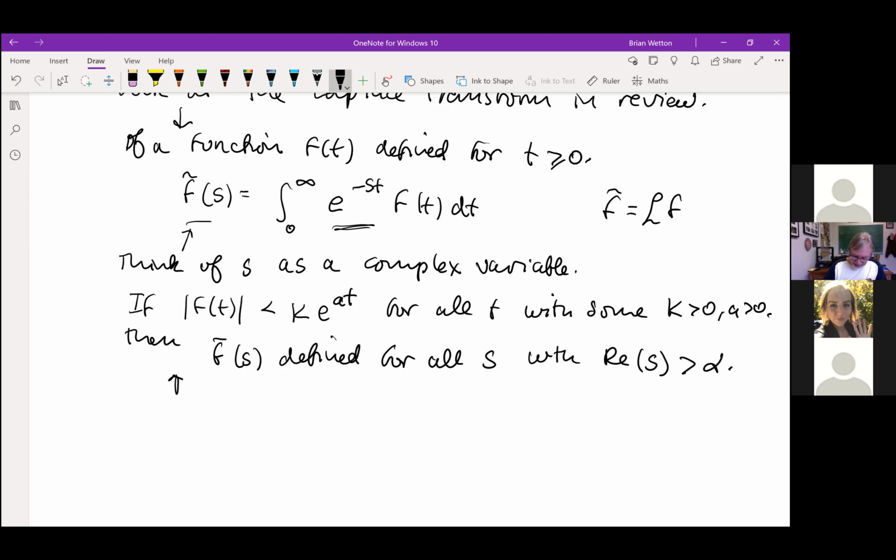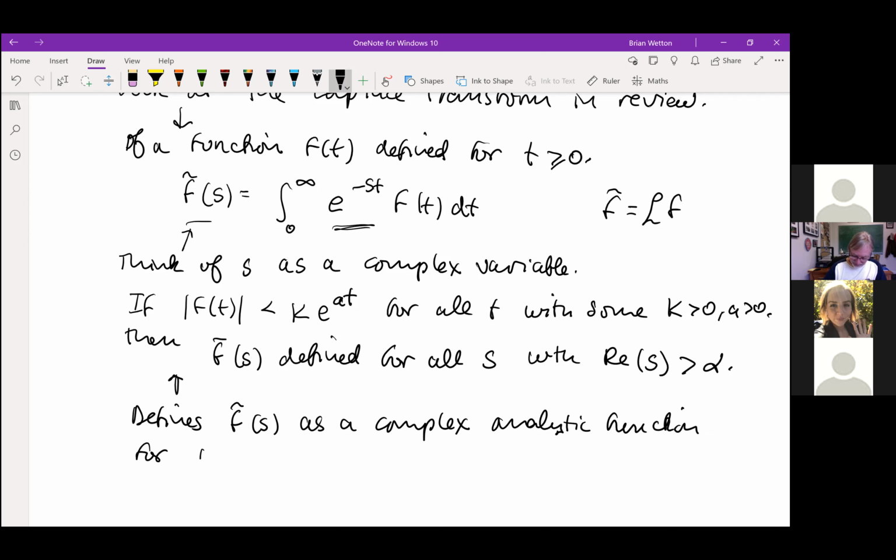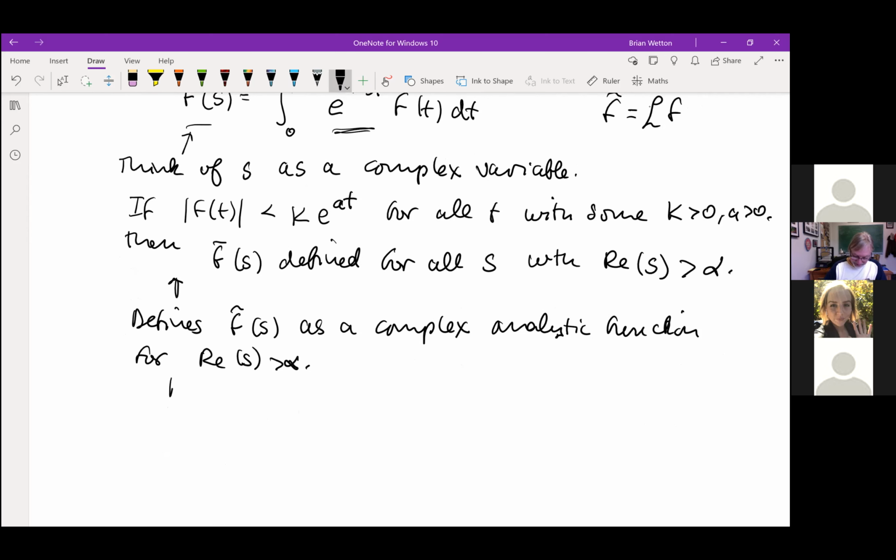So this defines f tilde of s actually as a complex analytic function for real s bigger than alpha. And so then I can do the complex continuation to other values of s.